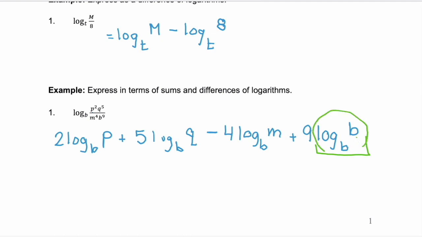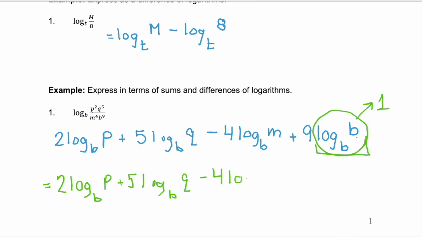Remember that this thing simplifies to 1, which means our whole expression simplifies to 2 log base b of p plus 5 log base b of q minus 4 log base b of m plus 9.